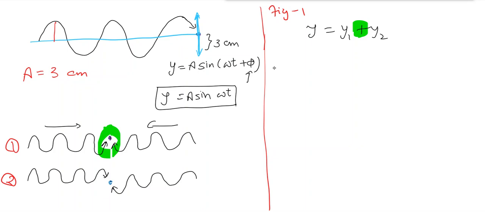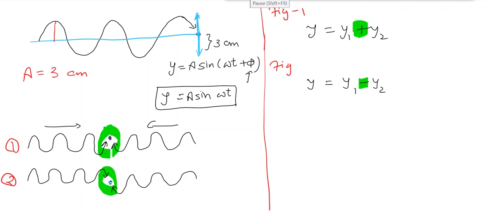But if you look at second figure, if I consider the resultant displacement to be y, then it is y1 minus y2, because they are incident in such a way that they negate each other's effect.